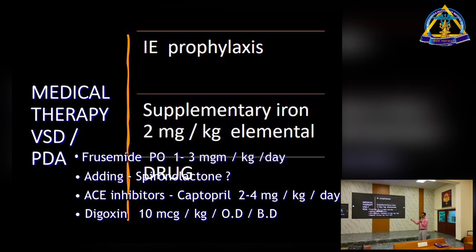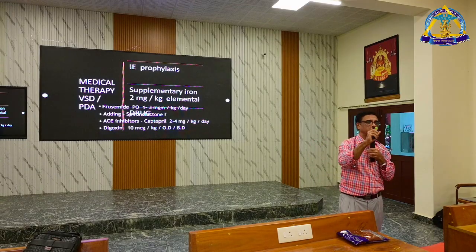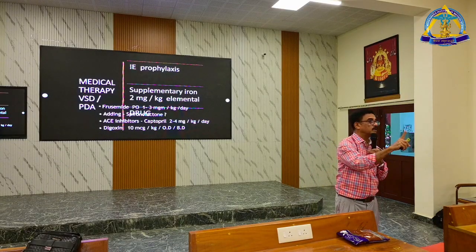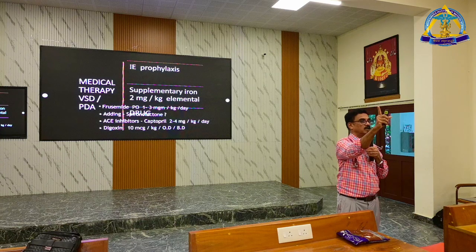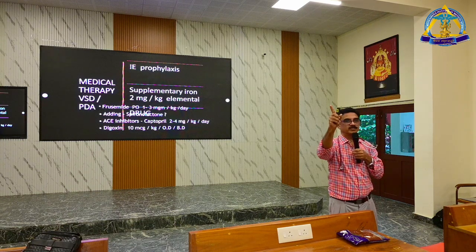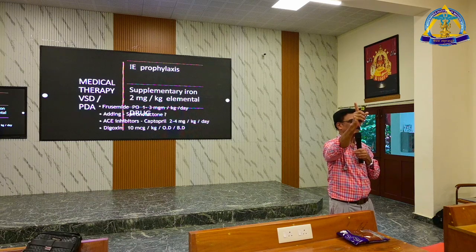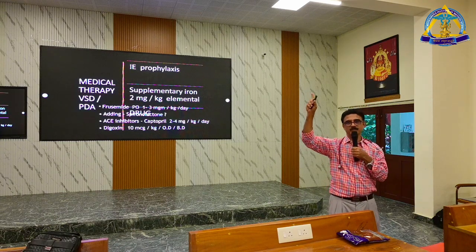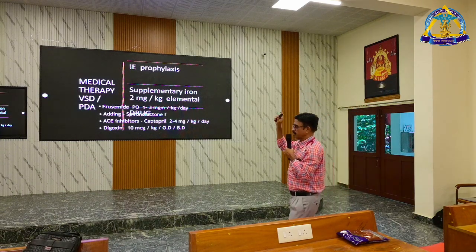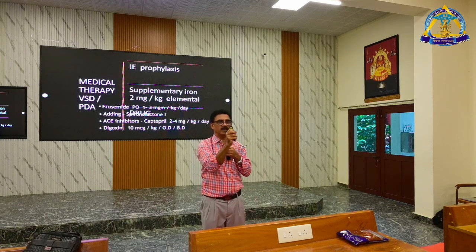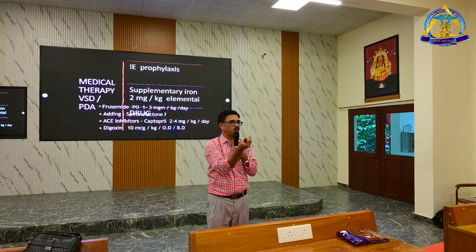And if the patient is having cardiac failure, what are the drugs used in cardiac failure treatment? Diuretics, beta blocker, digoxin, ACE inhibitor. That is more important. When you are having a shunt lesion, the muscle has good power to contract.